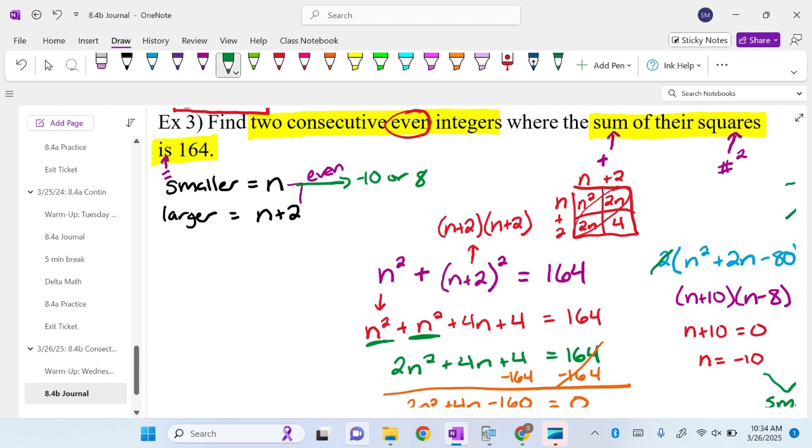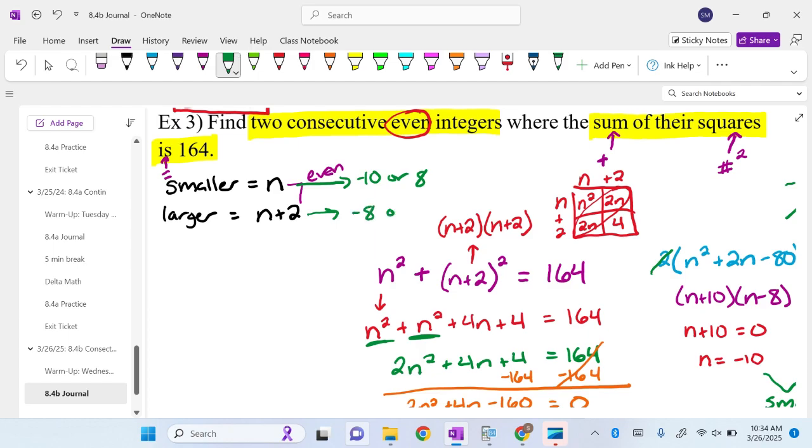So n is negative 10 or 8. So that means to get my larger, I need to do what to both of those numbers? Add 2, because that's what it says. N plus 2 gives us our larger. Well, we already have n. So what's negative 10 plus 2?